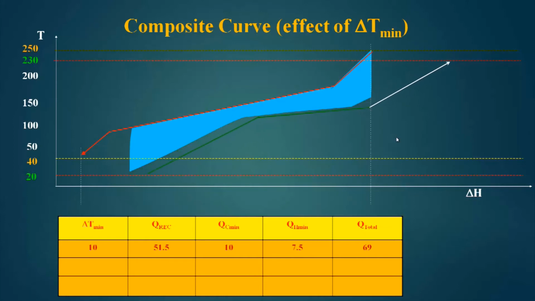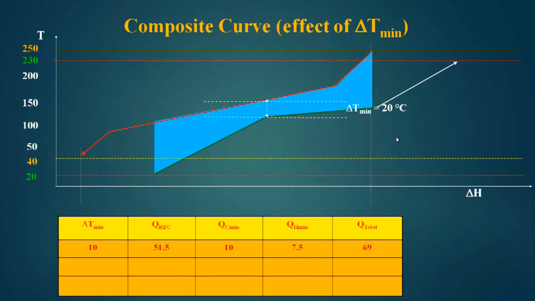Now, if I shift this horizontally and make the delta T minimum equal to 20 degree centigrade, then these figures will change. Now, I have QC minimum is 14, Q recovery is 47.5 and QH minimum is 11.5.